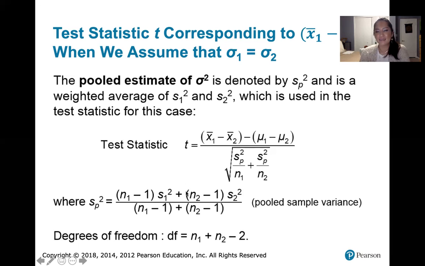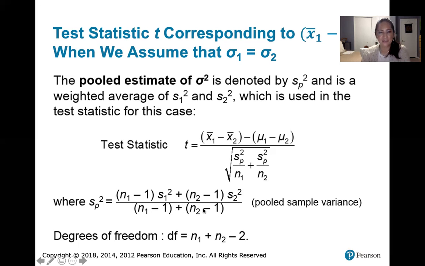And then we add the sample size minus 1 times the second sample variance. And then we divide by the number of degrees of freedom for that first sample, which would be 1 less than the sample size, and then we add the 1 less than the sample size for the second sample.